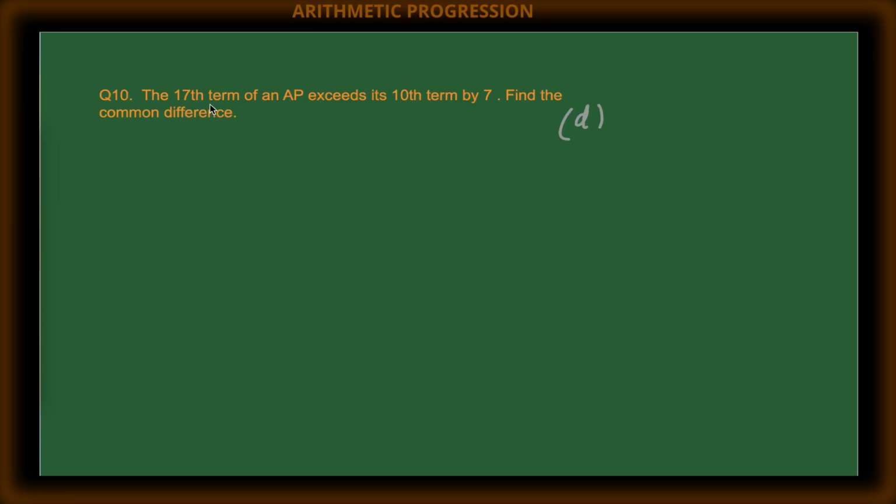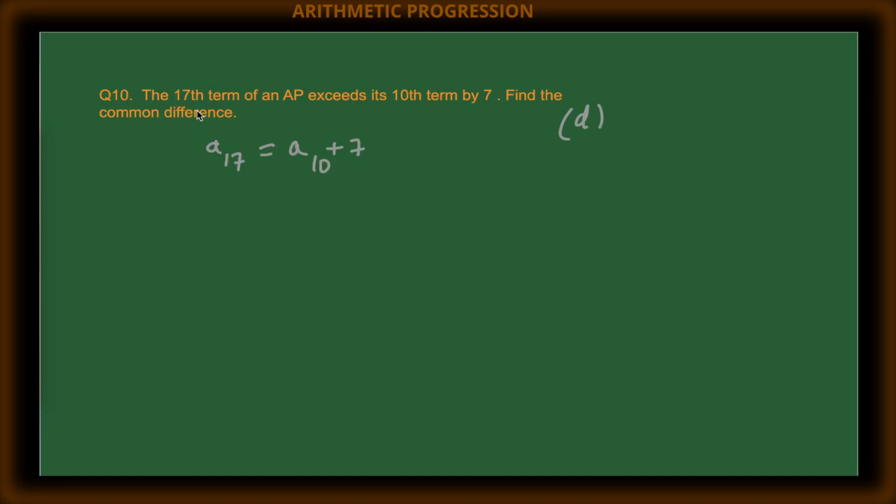It says the 17th term, A17, of an AP exceeds its 10th term by 7. So exceeds means A17 exceeds A10 by 7.